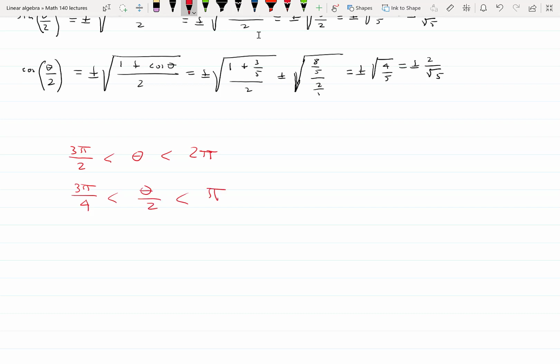So if theta is in quadrant 4, theta over 2 is between 3 pi over 4 and pi. That puts us right here, in quadrant 2.